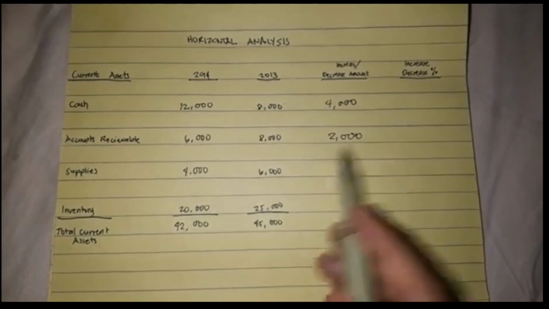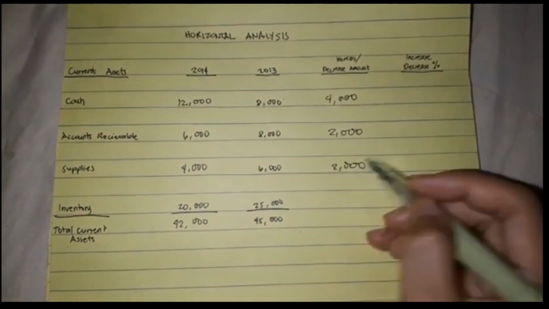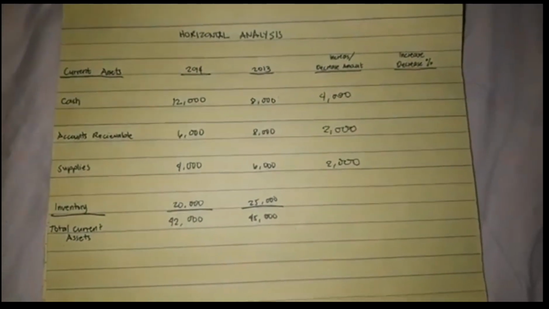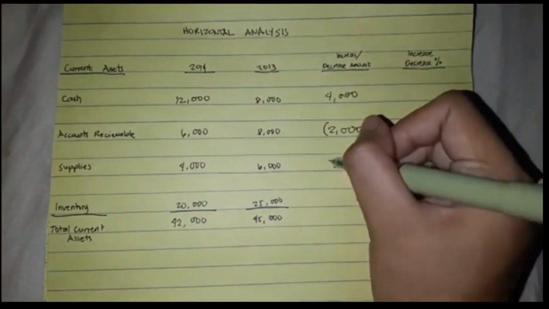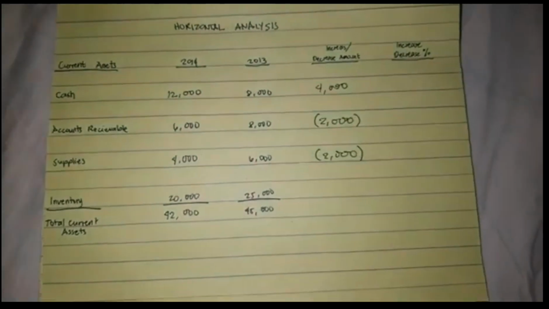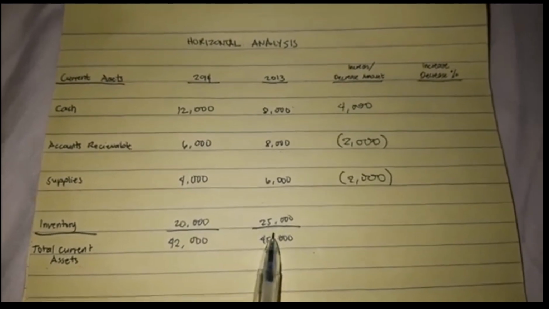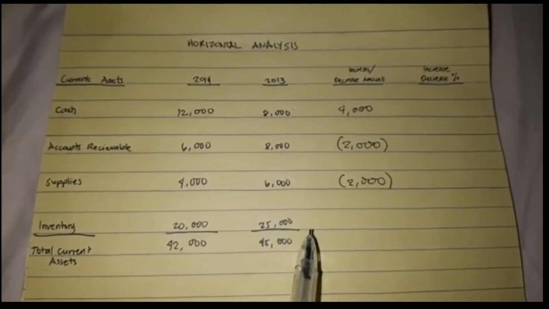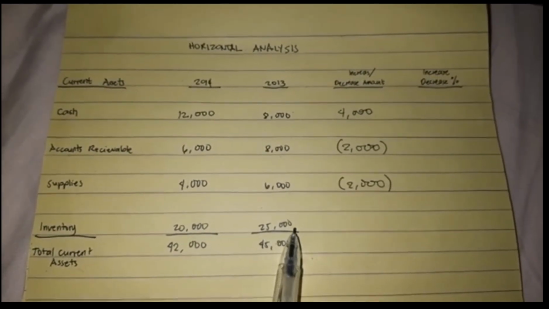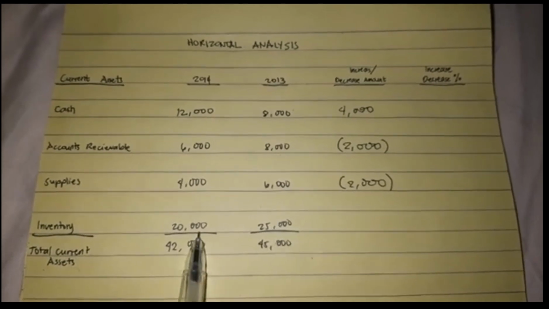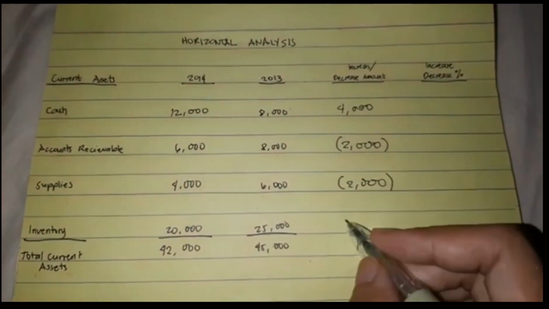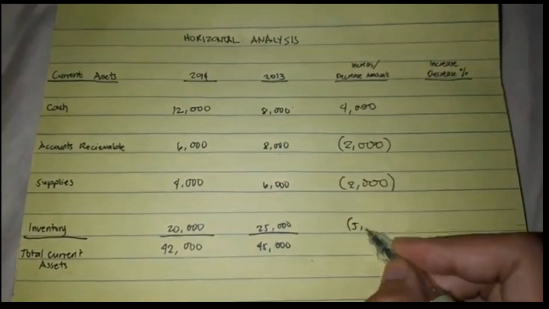So again a 2,000 decrease. And then finally in my inventory here I went from 25,000 down to 20,000, which is a 5,000 decrease.